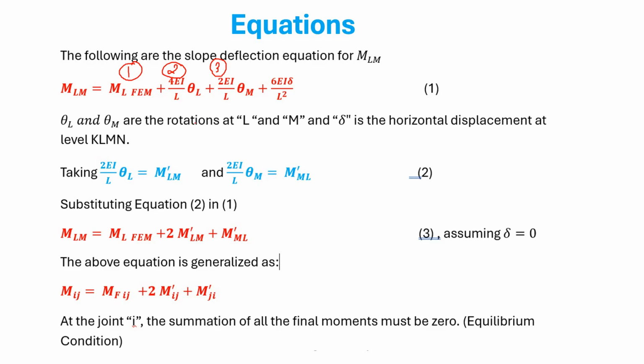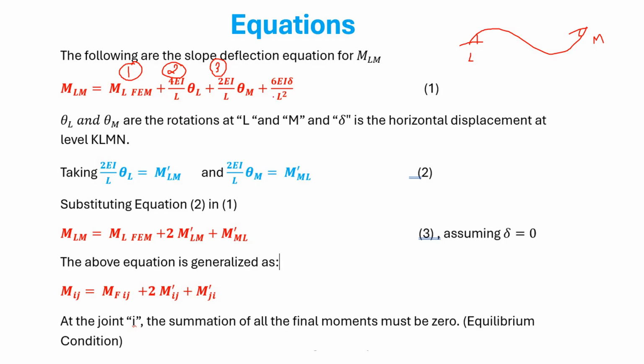Now theta L and theta M are nothing but the rotations of LM. For example, you can have LM like this. So this is the theta value of L, and this is the theta value of M. Now what we do is we take 2EI by L into theta L as M dash LM and 2EI by L into theta M as M dash ML.